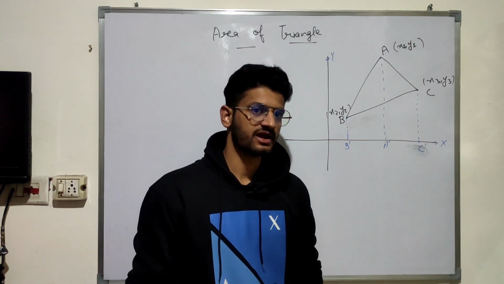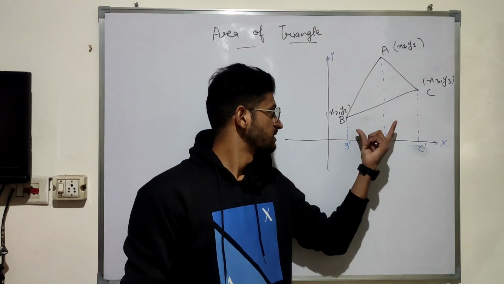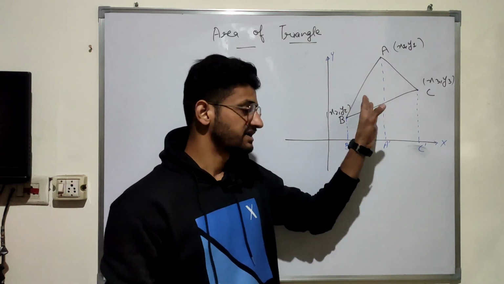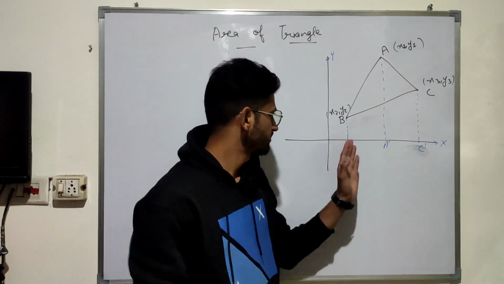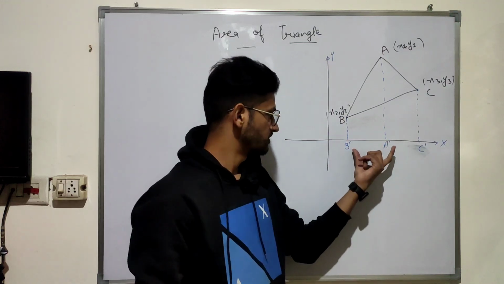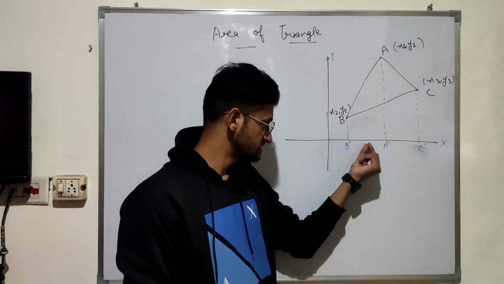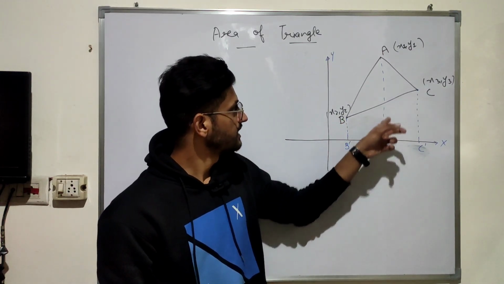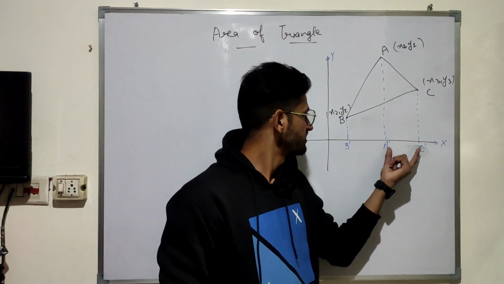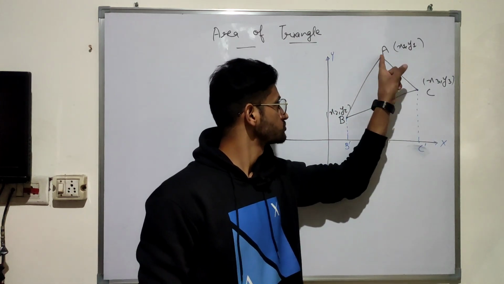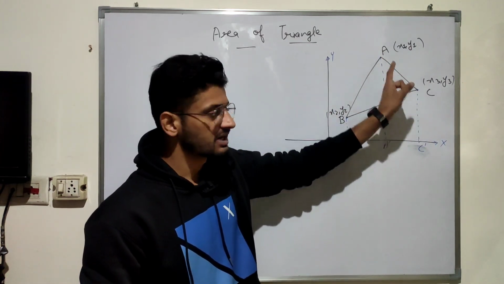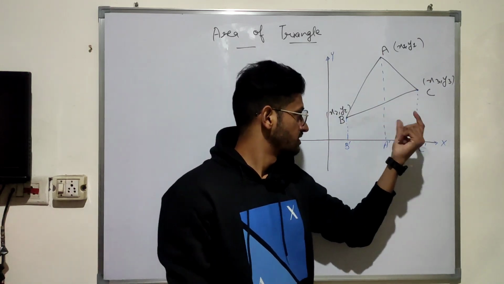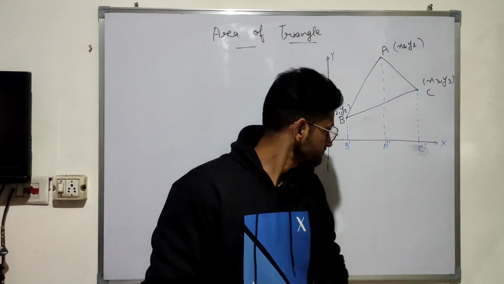Just to recall, a trapezium is a quadrilateral which has one pair of parallel sides and two non-parallel sides. In this case, BB dash is parallel to A dash A. Similarly, the figure A dash C A is also a trapezium, because we have a pair of opposite sides which are parallel to each other.